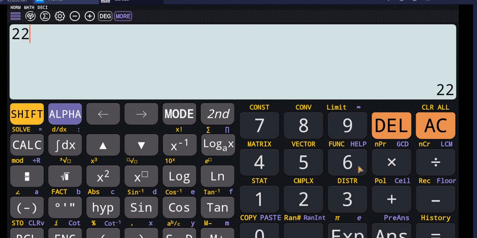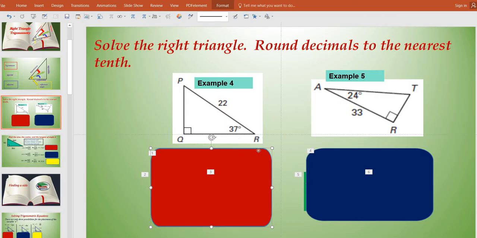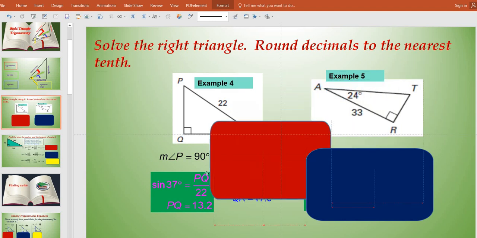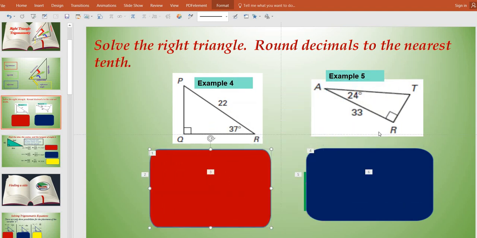The result is 17.569, approximately 17.6.